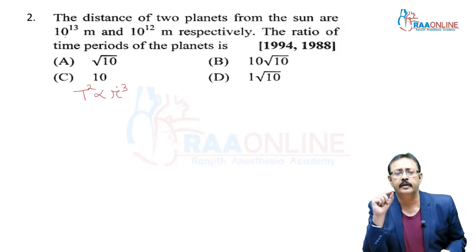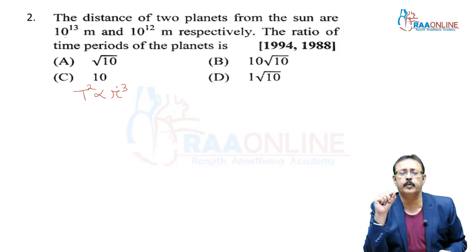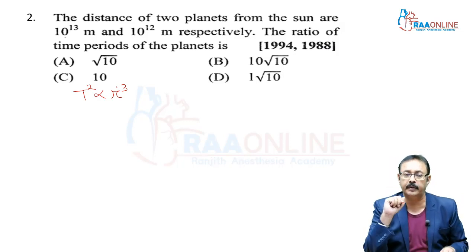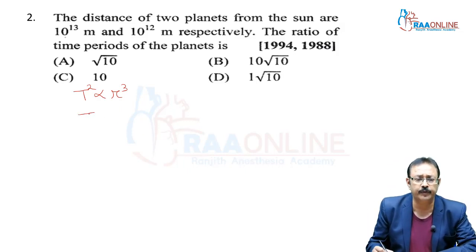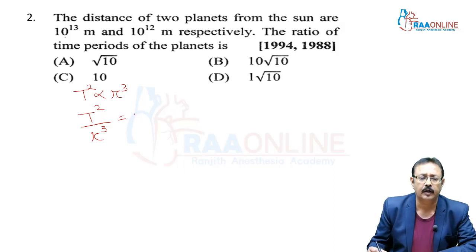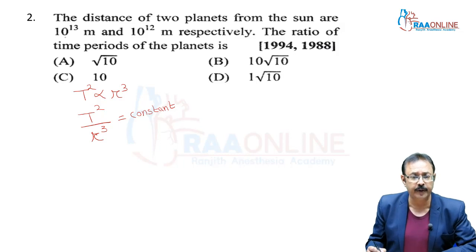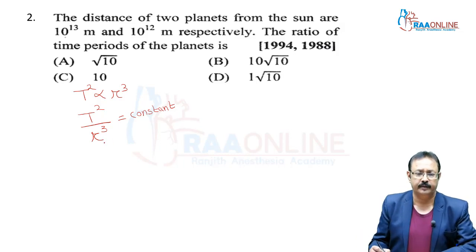What we know is Kepler's law: for each and every planet, the ratio of the square of time and the cube of radius should be equal, constant.